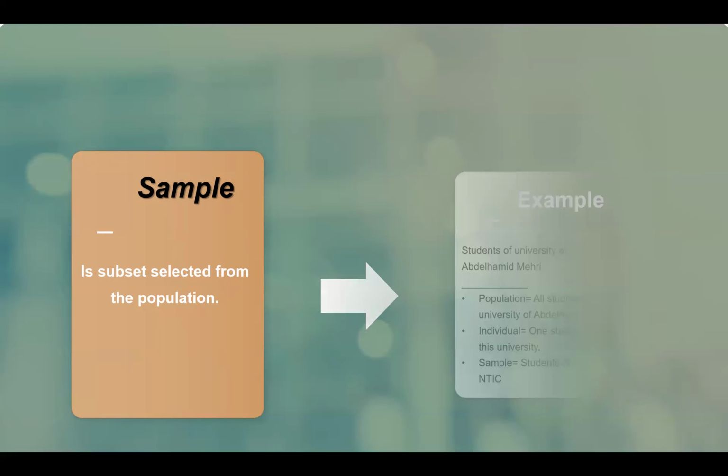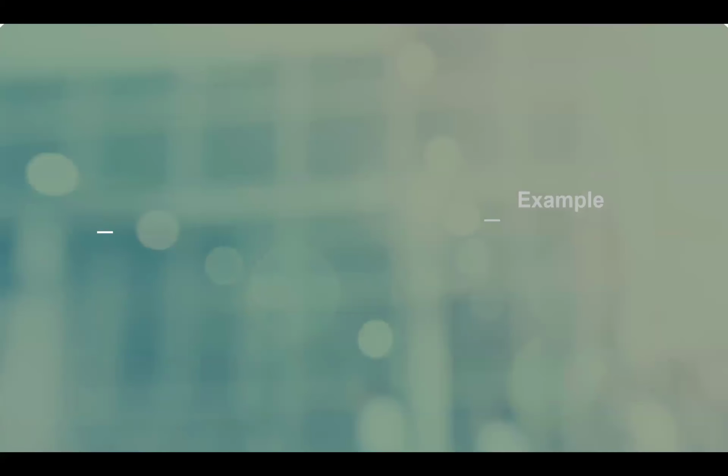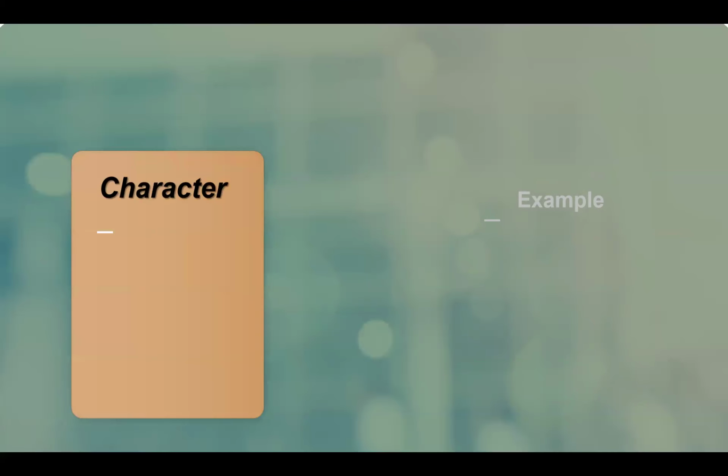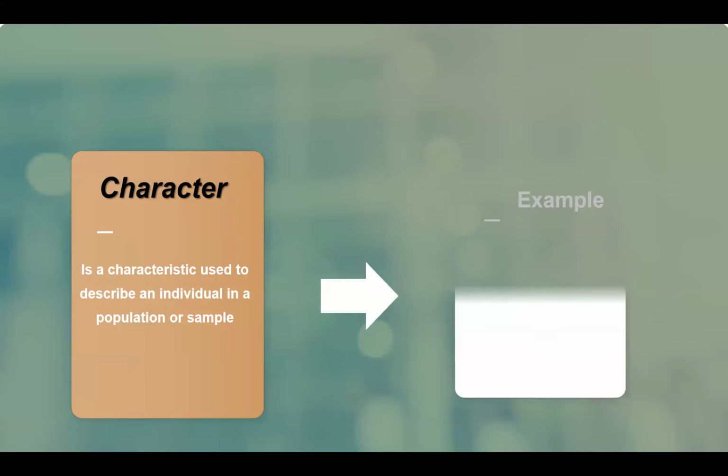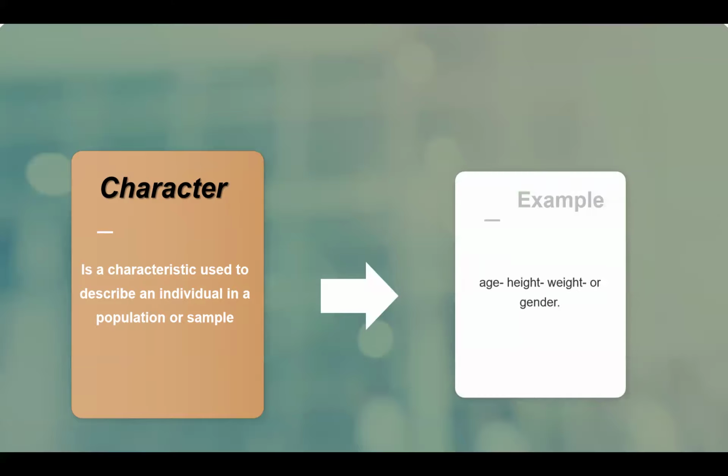Now let's introduce another important concept, which is the character. The character is a characteristic used to describe an individual in a population or a sample, for example, age, height, weight, or gender.